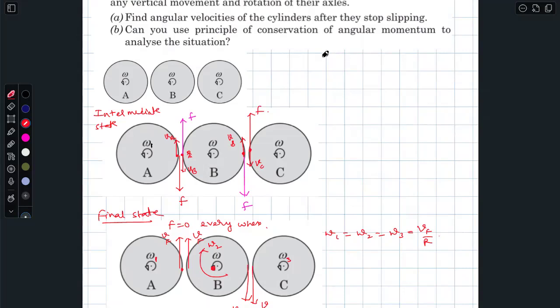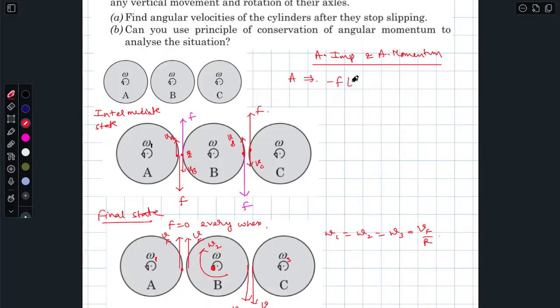Now you take for A, law of conservation of angular momentum. No, you cannot apply this. Angular impulse, angular momentum equation to A. What you will get?